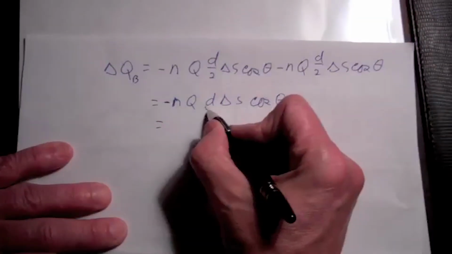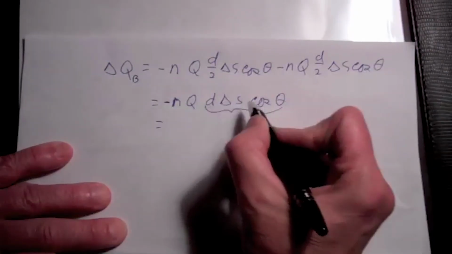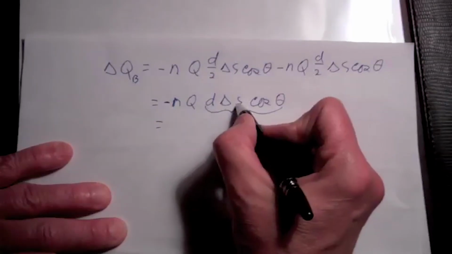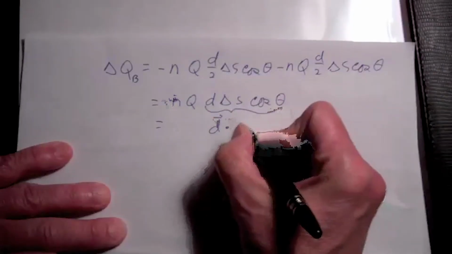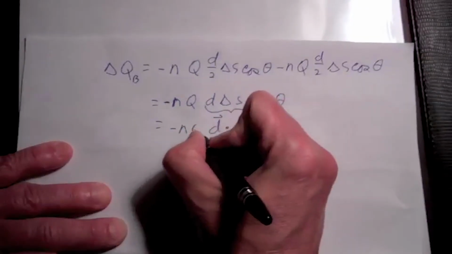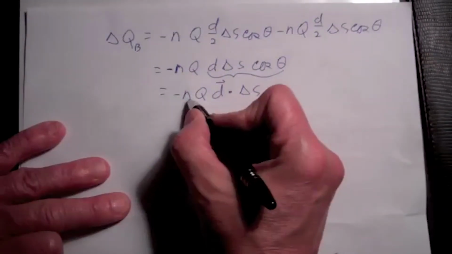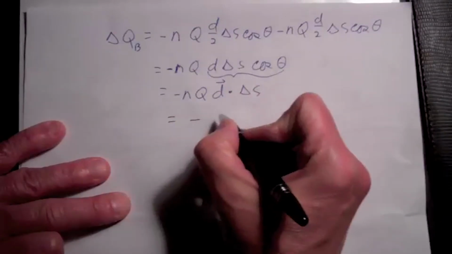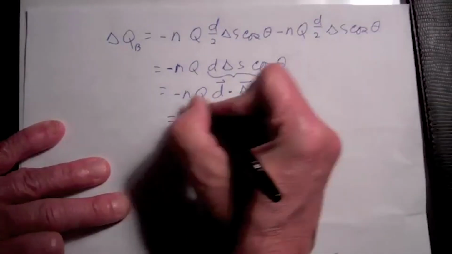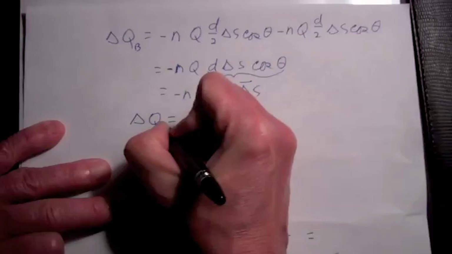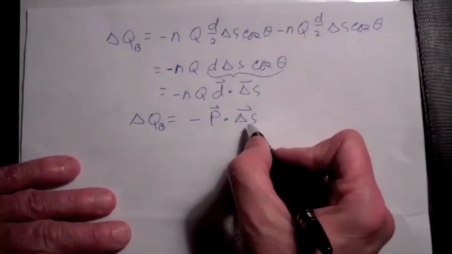And let's recognize that the magnitude of our displacement vector d times the magnitude of our surface element times cosine of theta is just d dot delta s. And we can also recognize that minus nq times d is just the value of our polarization field. So that's the change in the bound charge just due to this one surface element.